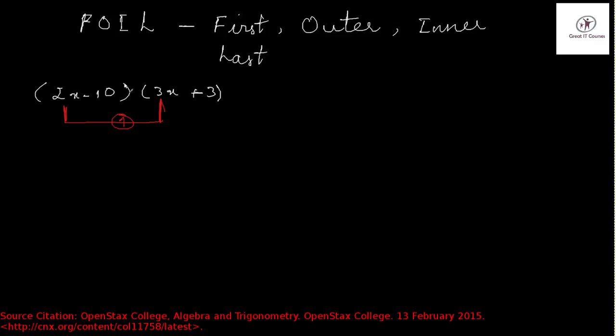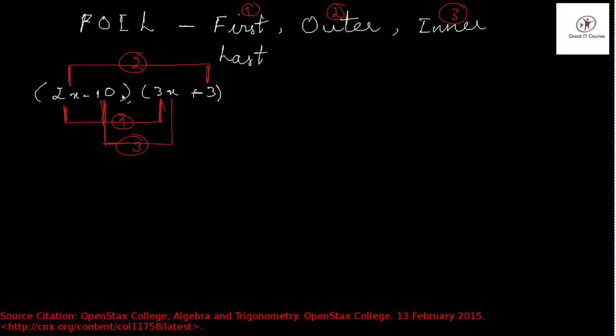The outer would be the outer term in this polynomial and the outer term in this polynomial, so you multiply those. So this is step 2. Inner would be the minus 10 and the 3, so this is step 3, inner.